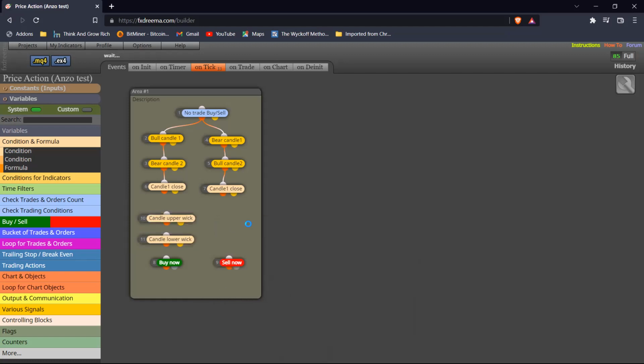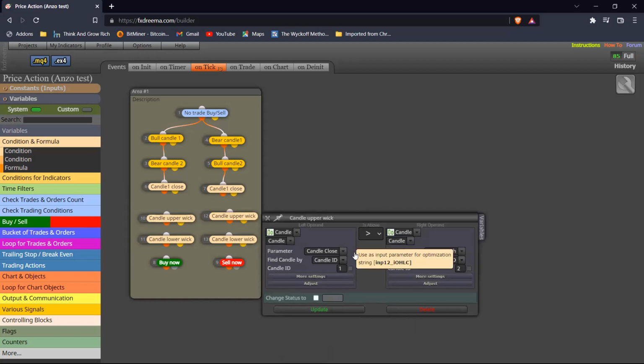Paste it here and modify it. So the candle upper wick, in this case, the candle upper wick, right, needs to be lower than the candle high of this one.